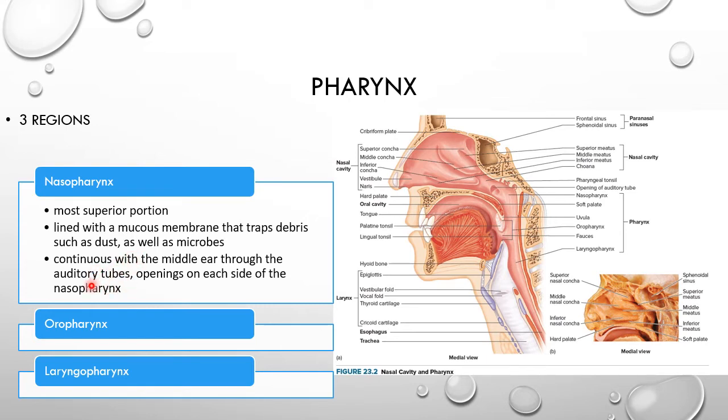You have a connection between the nasopharynx and your ear. That's why sometimes, if you blow your nose too hard, you would actually affect your ear via this connection.